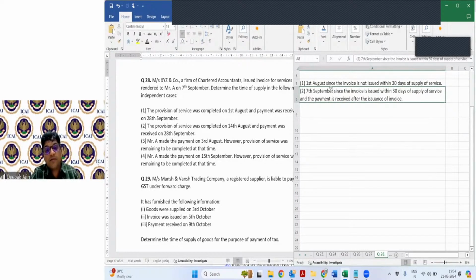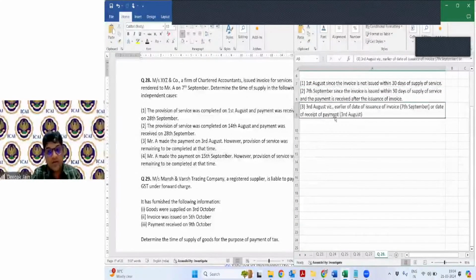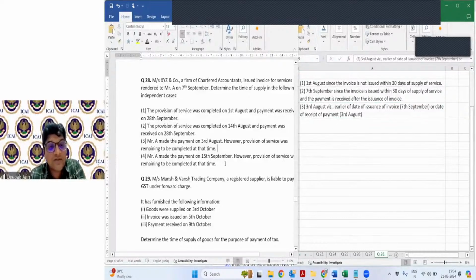Third case, date of payment is earlier, so it is 3rd of August. Correct.